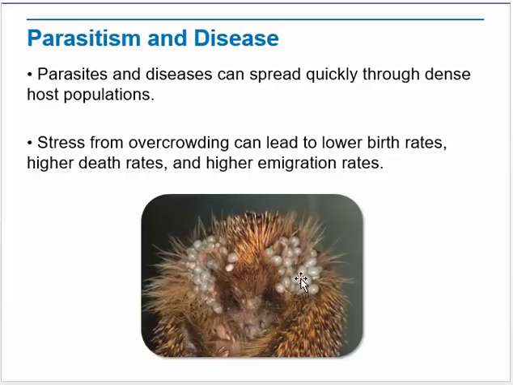They're full of the hedgehog's blood and they look like they're ready to pop. So the ticks on the hedgehog in the photo, for example, they feed on the hedgehog's blood. They probably carry disease. And so parasitism and disease are density dependent effects, because the denser the host population, the more easily parasites can spread from one host to another.